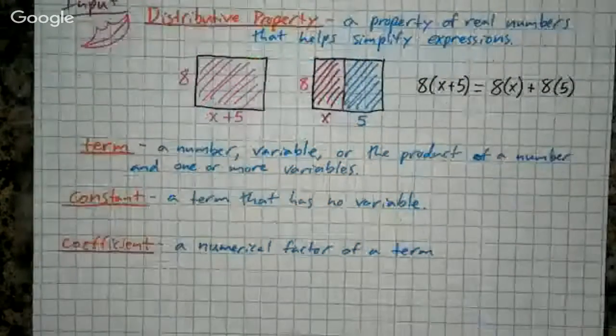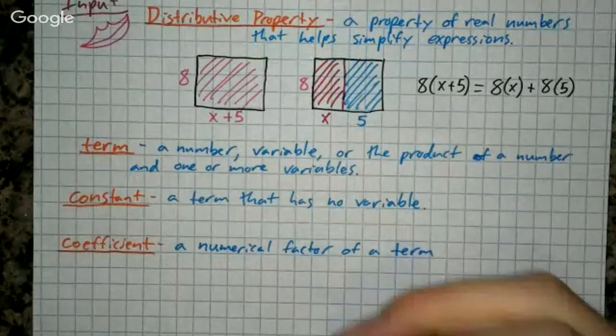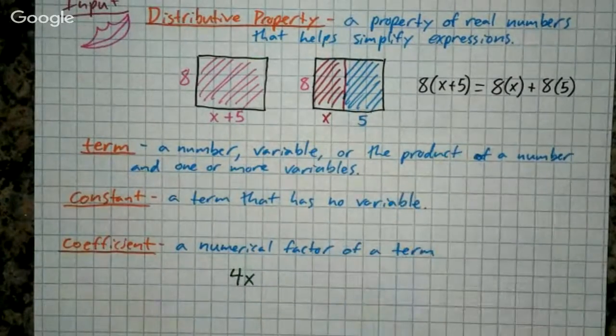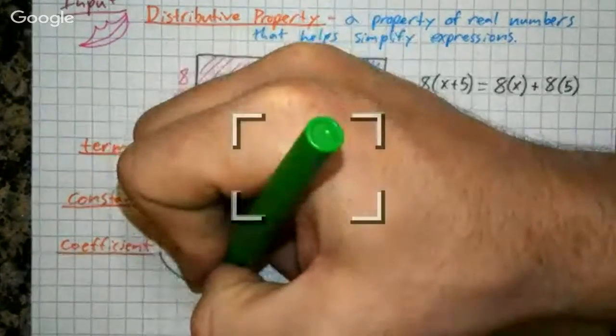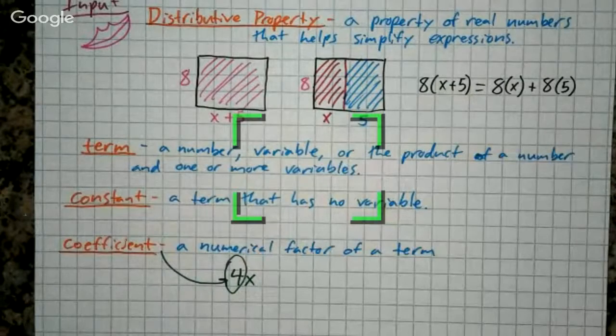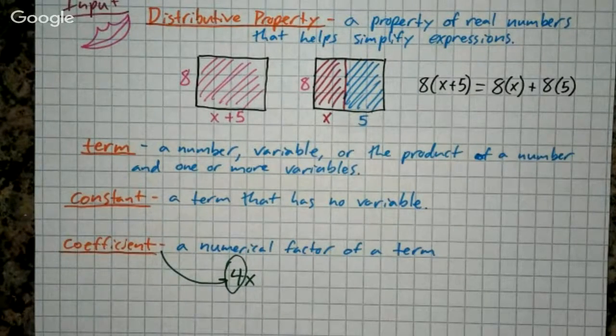So a coefficient, and I'll go ahead and put an example of what a coefficient can be. If we have the term 4x, the coefficient is this part right there, just the numerical factor of a term. The x is the variable, the 4 is the coefficient.